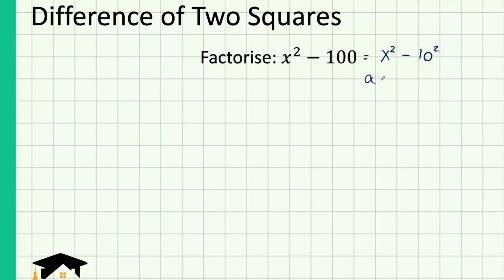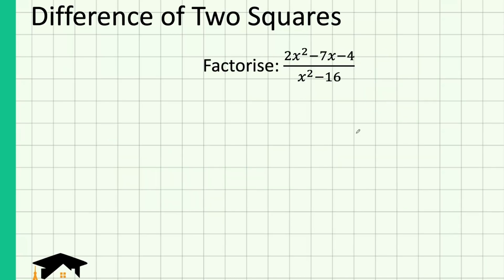And so a will be equal to x and b will be equal to 10. So x squared minus 100 is equal to x minus 10 times x plus 10.